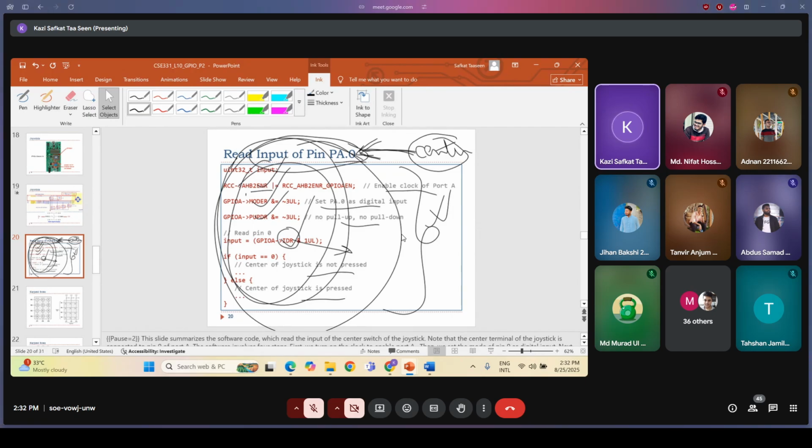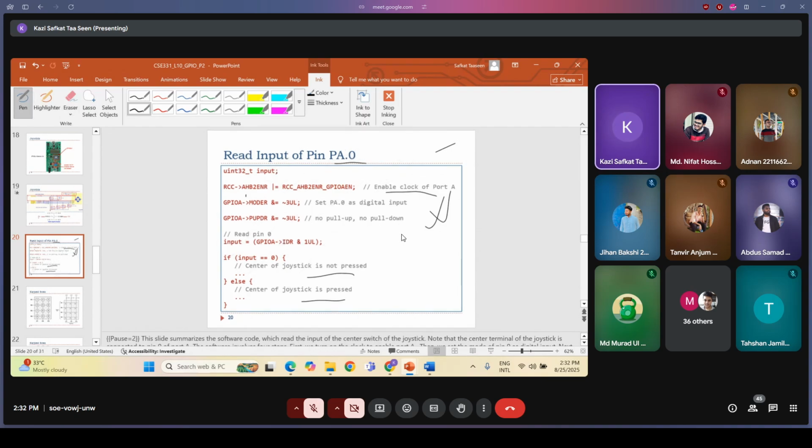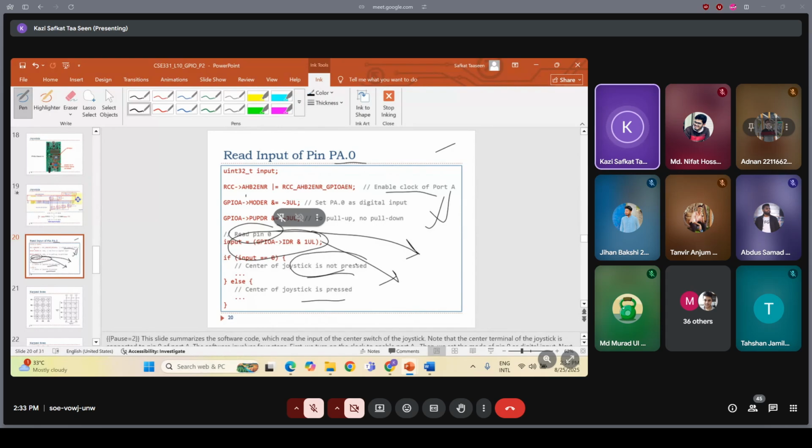For this case, how did you know if the button was pressed? You actually read the value from pin 0. How do you read? Using this line. You're reading the value in pin 0, and from that value you can determine whether the button was pressed or not.